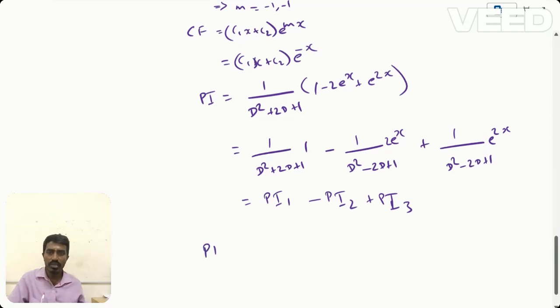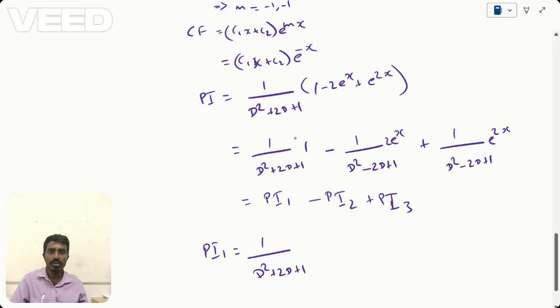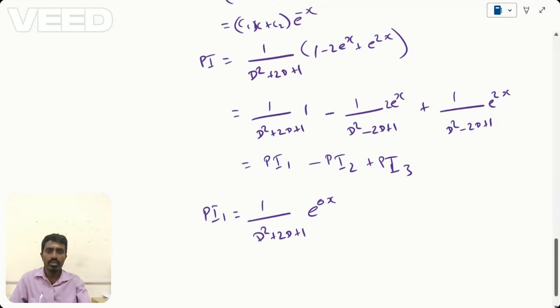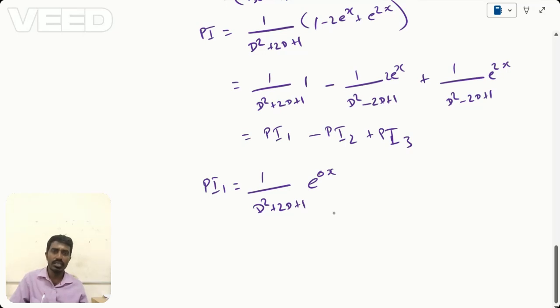So PI1 equal to 1 divided by (D square plus 2D plus 1) into 1. 1 can be written as e power 0x. If some constant is there, suppose 5 is there, you can write 5 as 5 e power 0x. So then this is of type 1. In type 1, replace D by a, the coefficient of x in the exponential function.